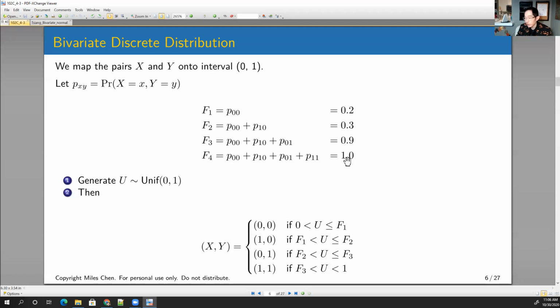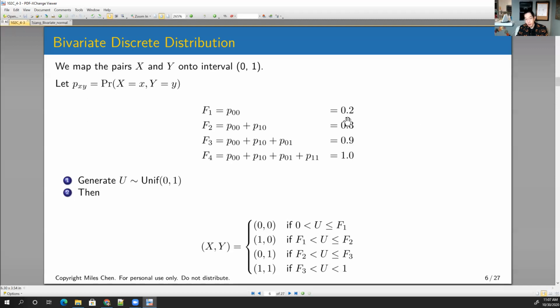So we can generate values by taking values from the random uniform distribution. If u ends up being less than 0.2, we're going to set x equal to 0 and y equal to 0. If u ends up being between 0.2 and 0.3, between f1 and f2, we're going to set x equal to 1 and y equal to 0.